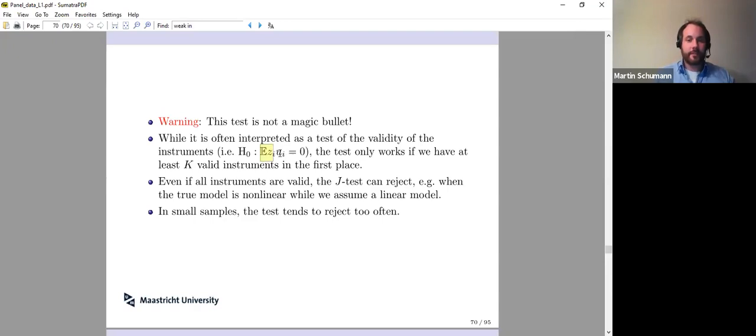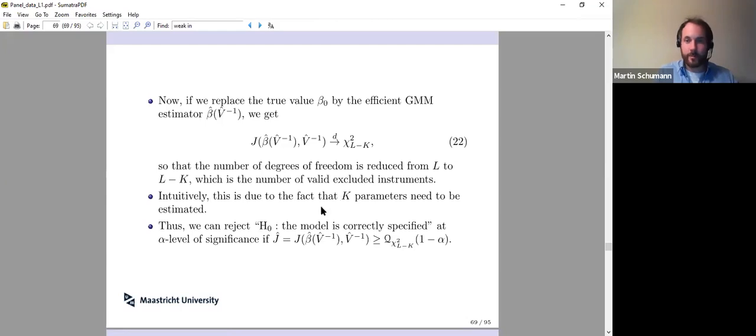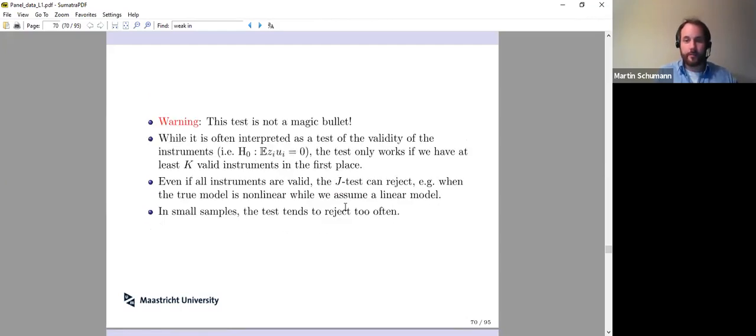If this condition is not true, then the J test is likely to reject, because this is of course part of our correct model specification. And therefore, if this is violated, the model is incorrectly specified and we should reject.